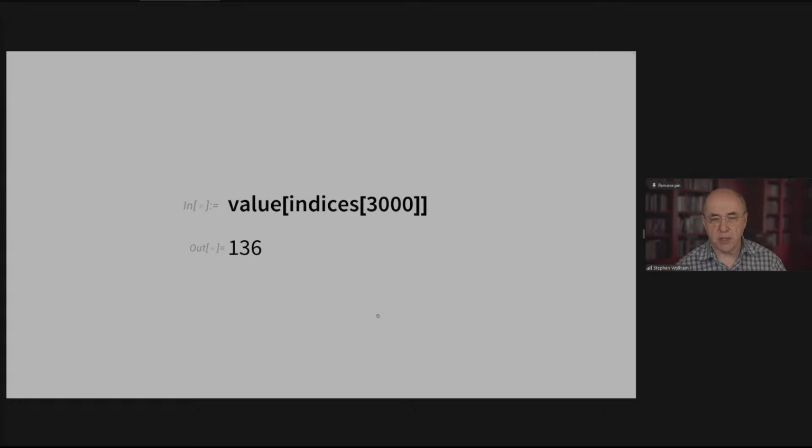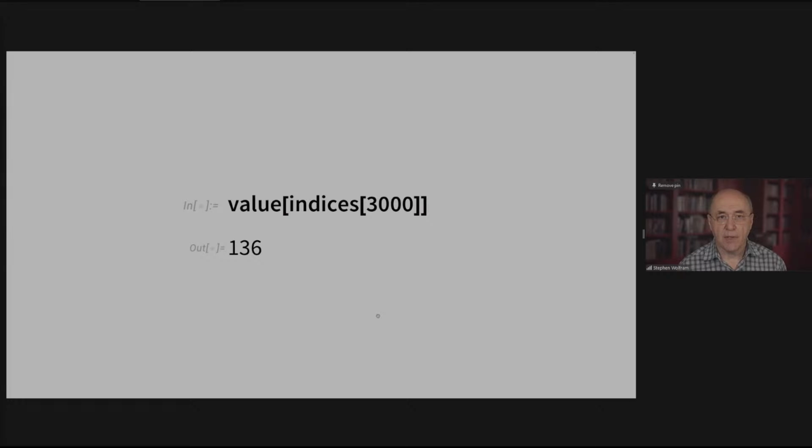The value of f of indices of 3000 is just 136. We don't have to follow through all the steps in the computation of the function. We can just use this kind of pseudo formula to work out the result. What's particularly notable here is that this evaluation doesn't involve any recursion. In other words, at the cost of messiness, we've somewhat surprisingly been able to unravel all the recursion in P312 to arrive at a direct formula for the value of f of n for any n.